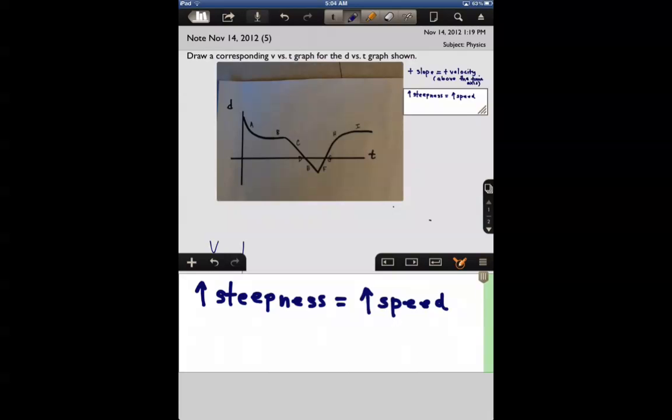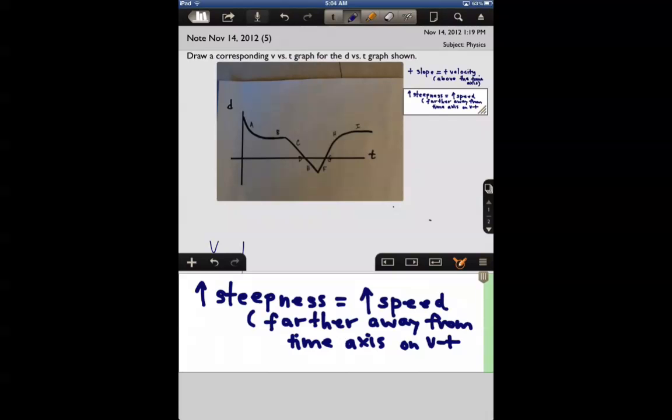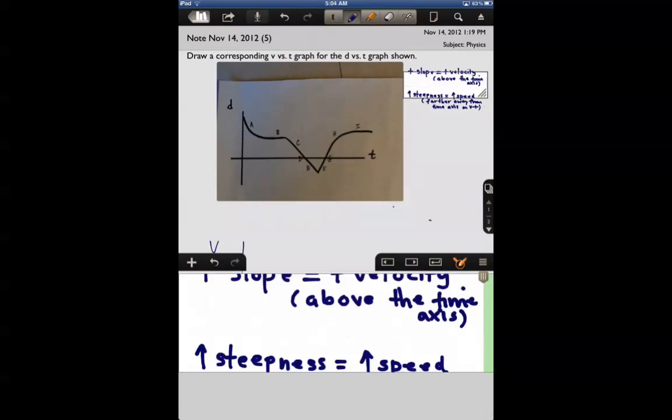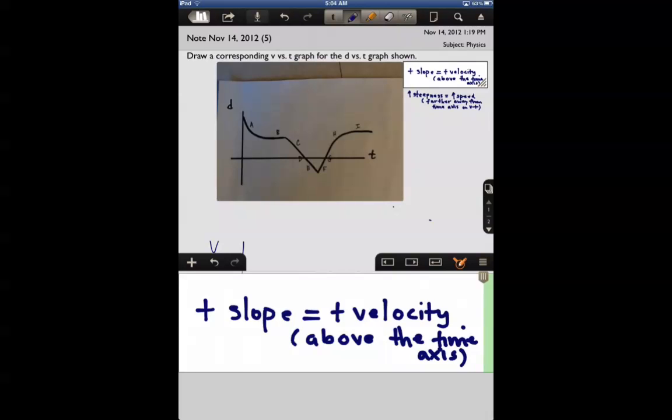And increased speed would be farther away from the time axis on the VT graph. I guess I should have written that up here on the VT graph. So let's go ahead and start.